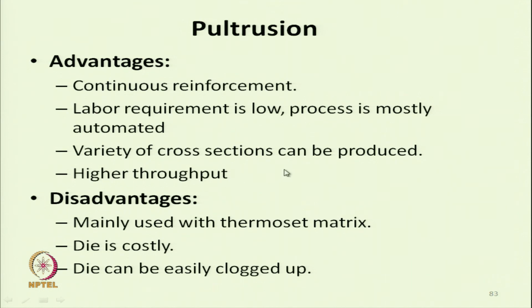The main disadvantage is that here mainly thermoset matrix can be used. As I have already mentioned, die cost is very high, and another point is that the die can be easily clogged, because the thermoset matrix deposition may be there in the die. So, we must take care of cleaning it frequently.